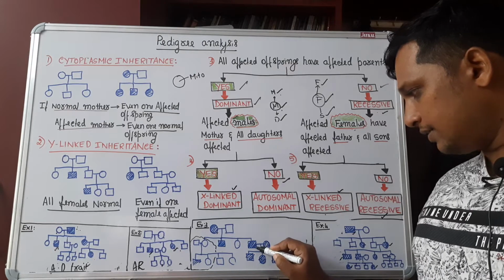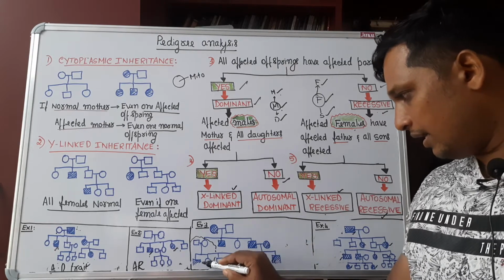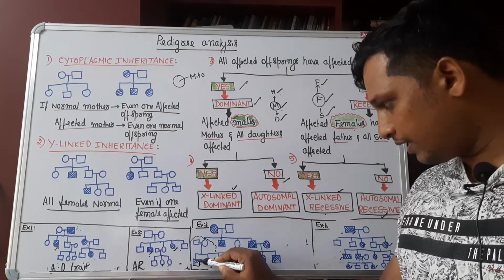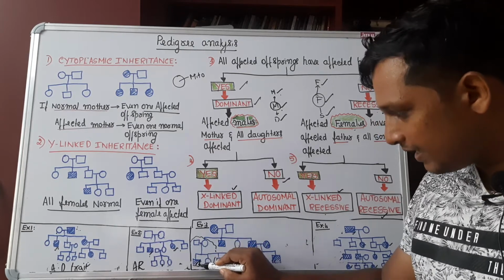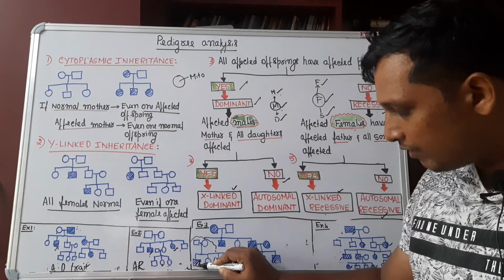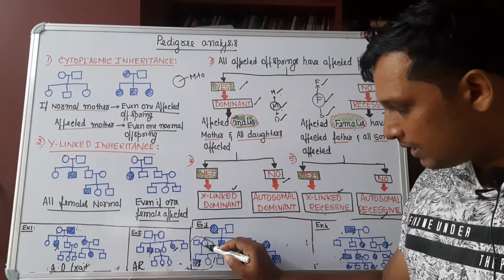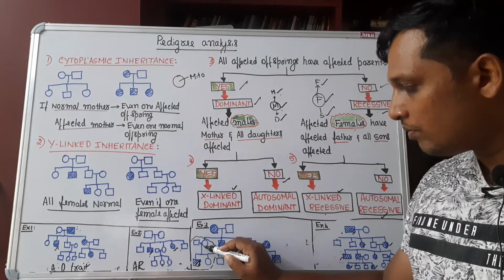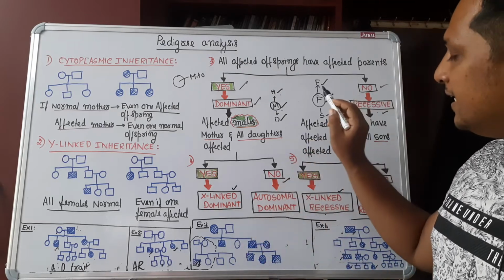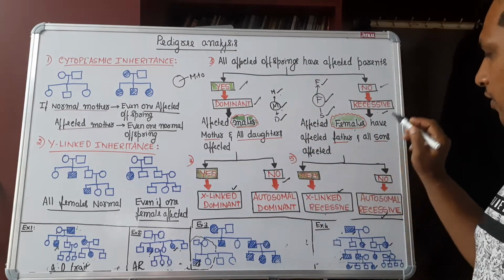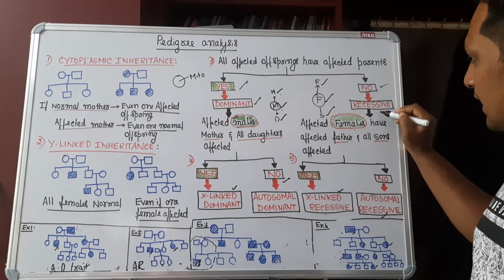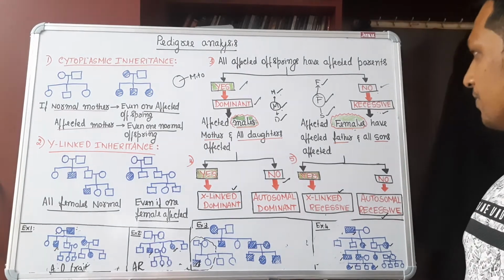Affected offspring is having an affected parent. But look here, it is not obeying. The offspring is affected, but the parents are normal. Hence, it is not obeying our statement. Therefore, it is a recessive trait.